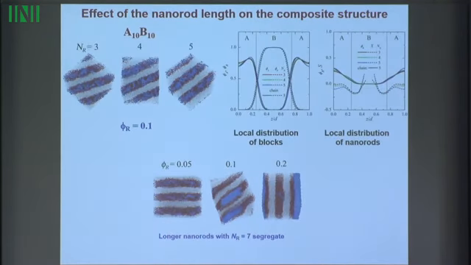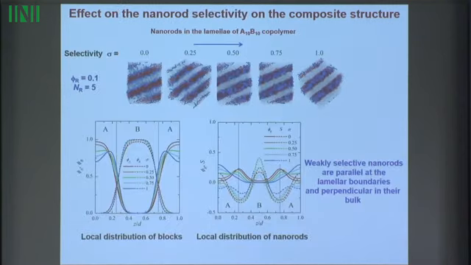And then, of course, all other things can be considered. For example, what is the effect of the nanoparticle length? And here we observe phase separation. If the nanoparticle length is 3 spheres, it is fine, 5 is also okay, but with 7 spheres you can see that there is clearly a phase separation in this system.